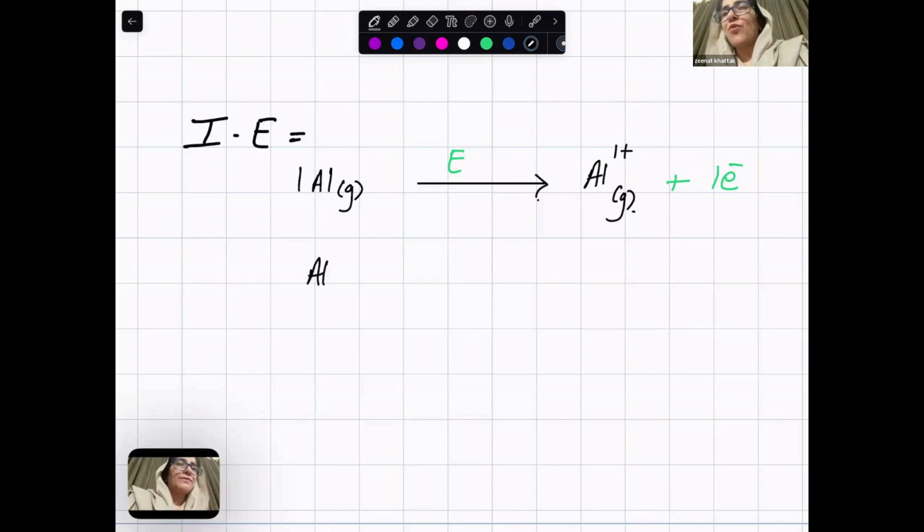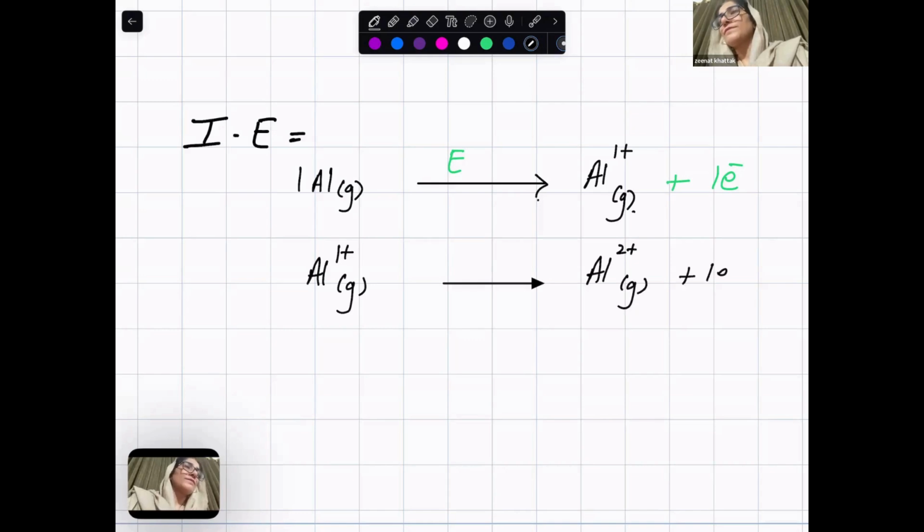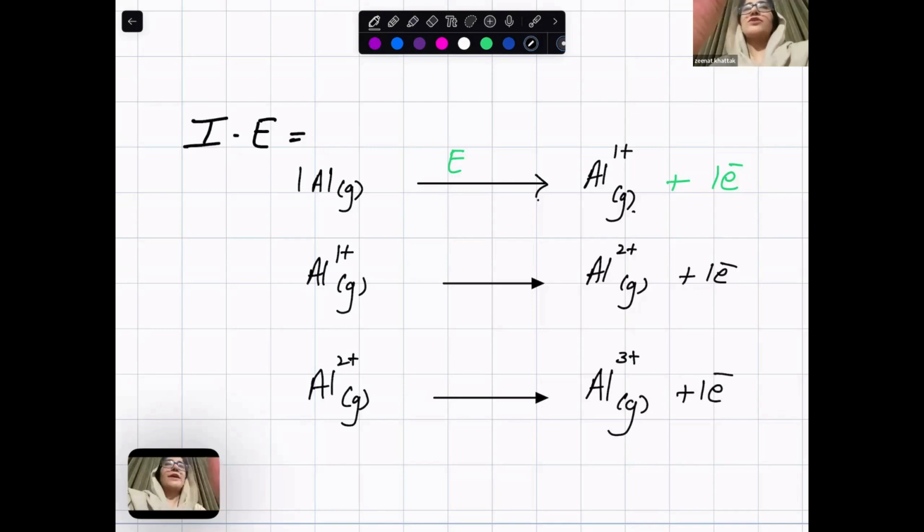Aluminium 1 plus. That is the first ionization. Then the second ionization gives aluminium 2 plus. Then the third ionization. I can show you this.